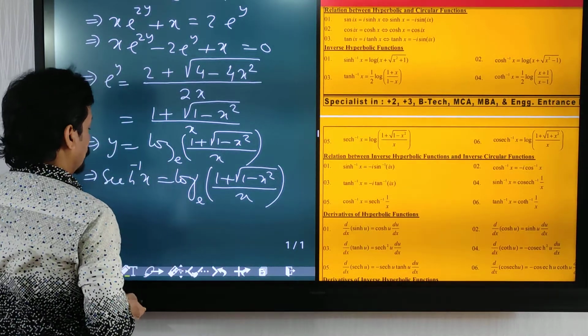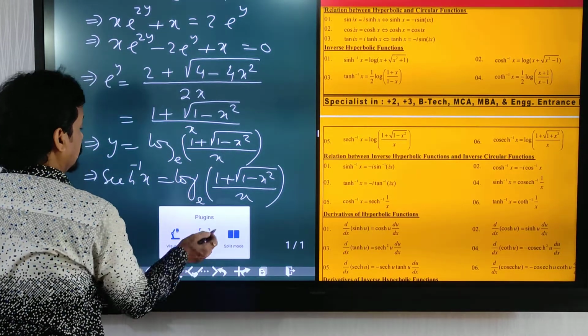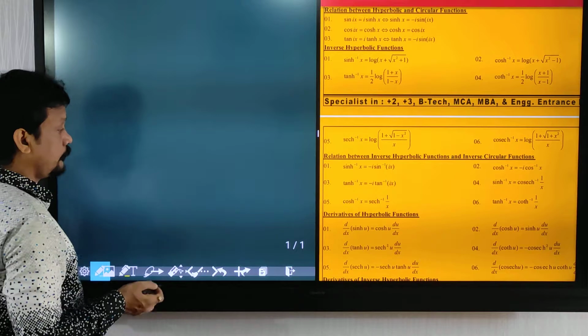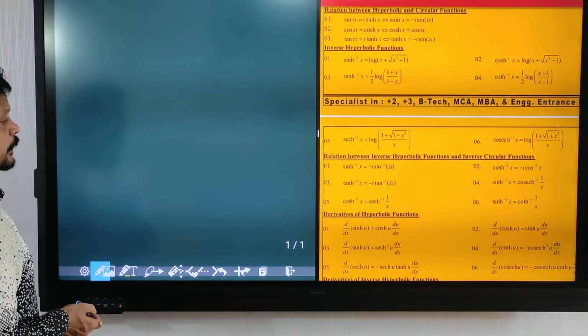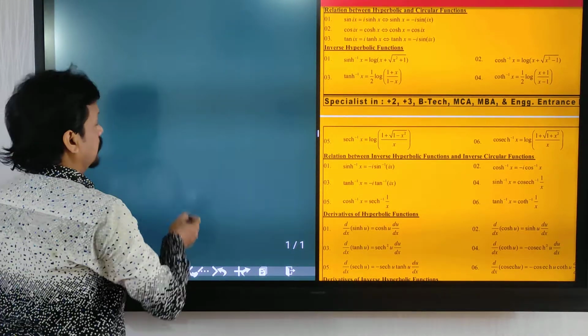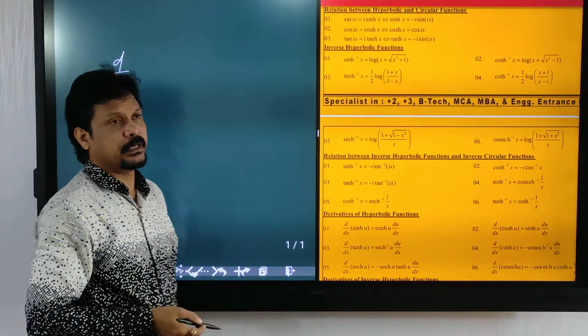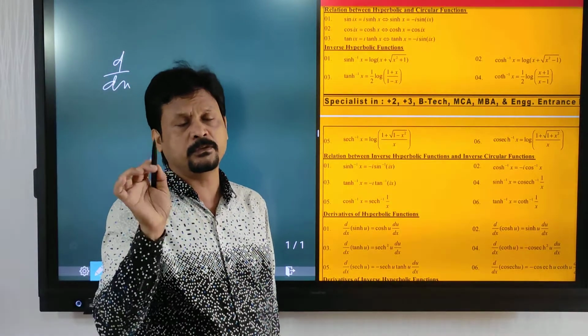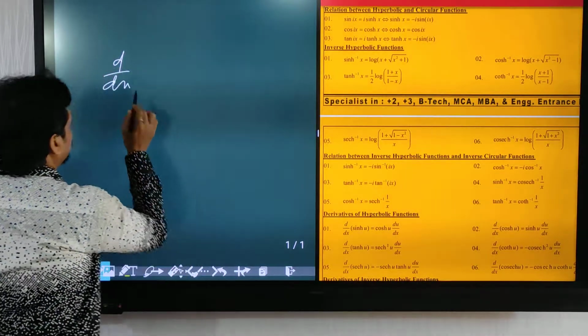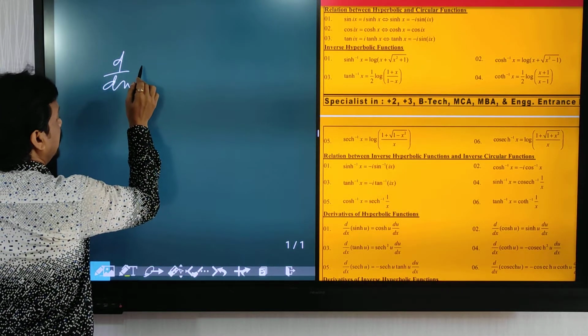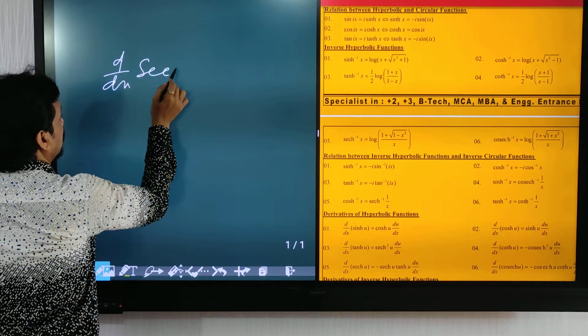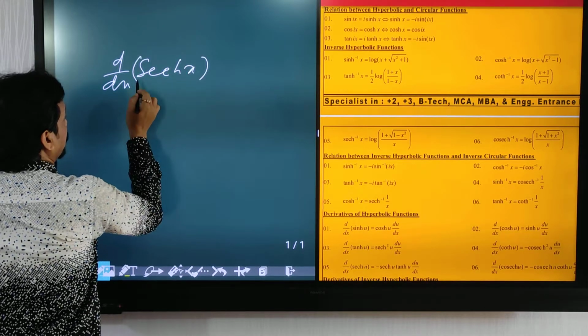Okay, so see here. Now I am going to find the derivatives of hyperbolic functions. Similarly, one function I will do, and another function I will leave for you as homework.